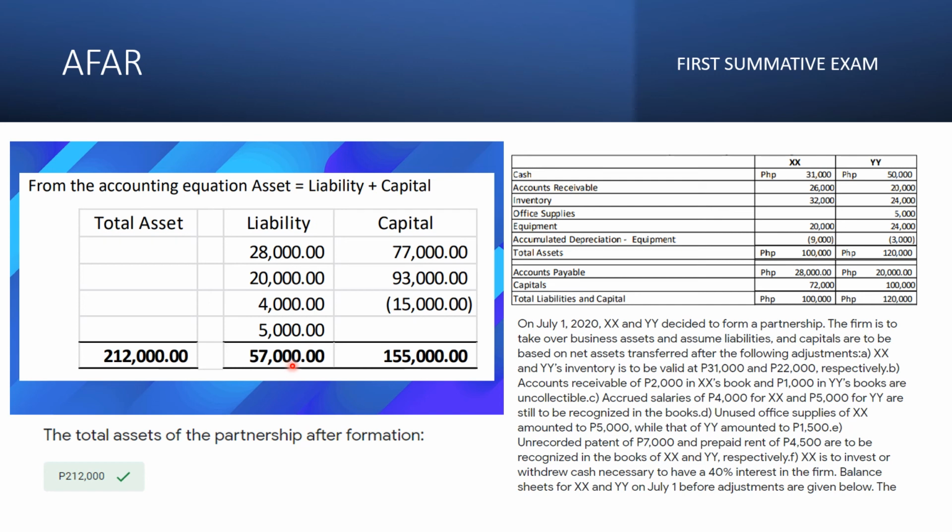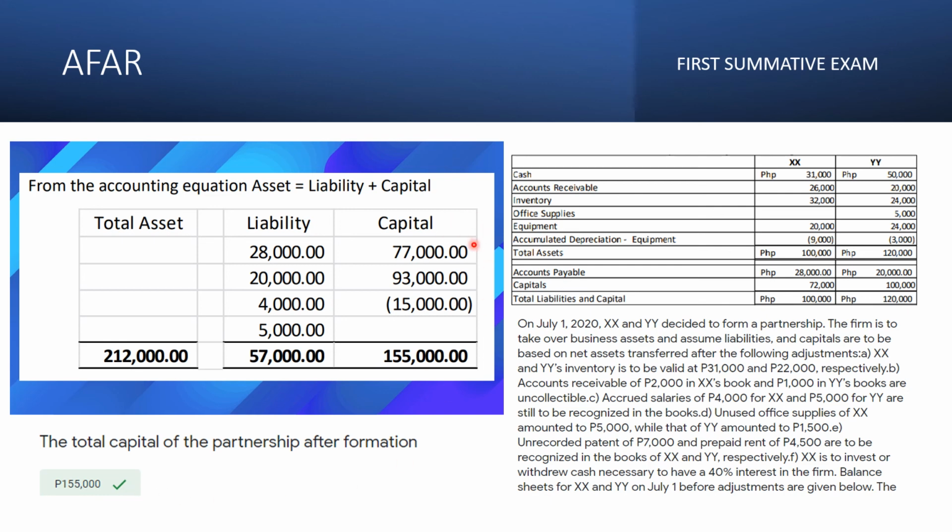What was added here are the accrued salaries of 4,000 and 5,000. So capital plus liability, 155 plus 57, is equal to 212,000 pesos. As simple as that. Some may have overlooked this and based it on 150. Again, the total capital of the partnership after formation is 155,000.